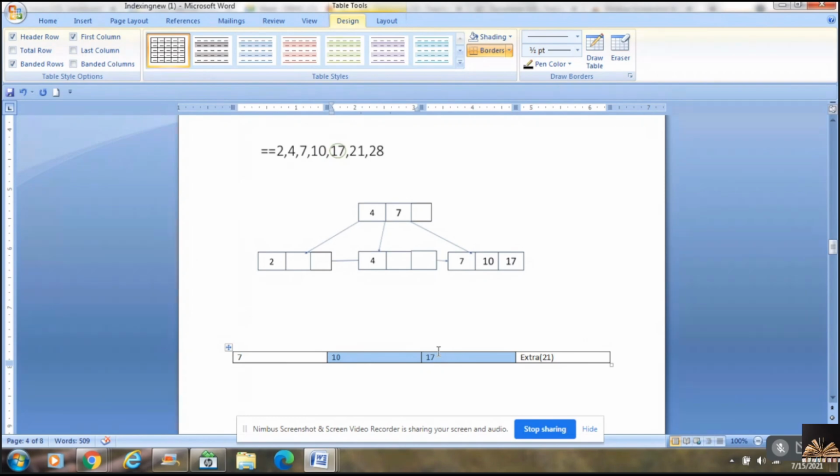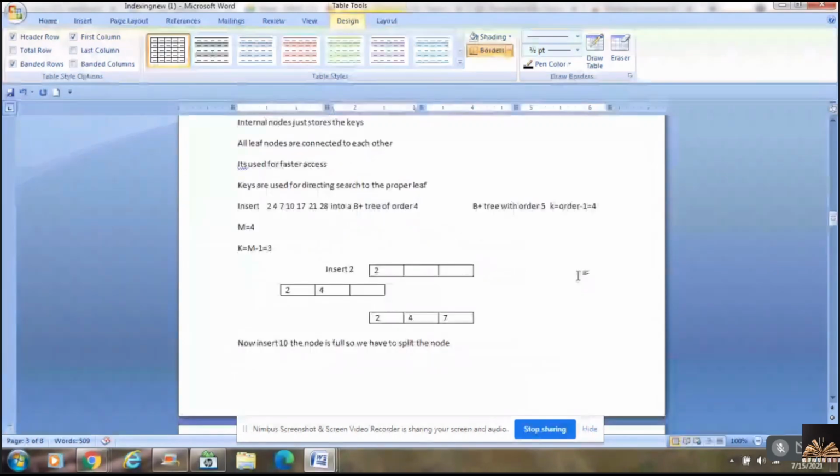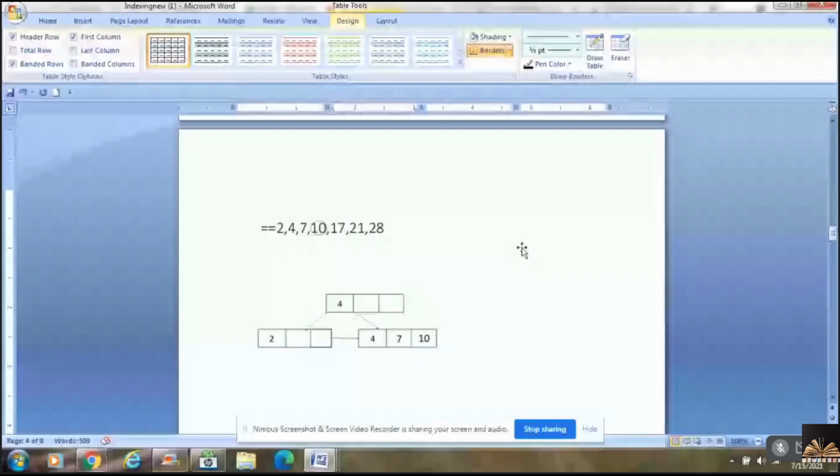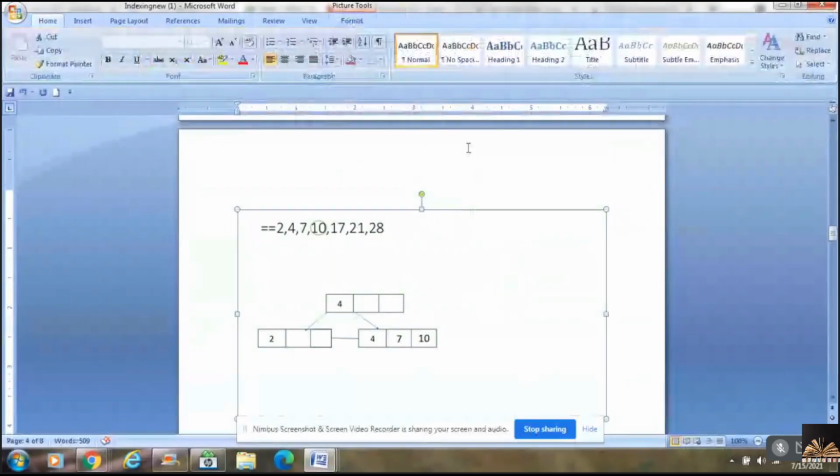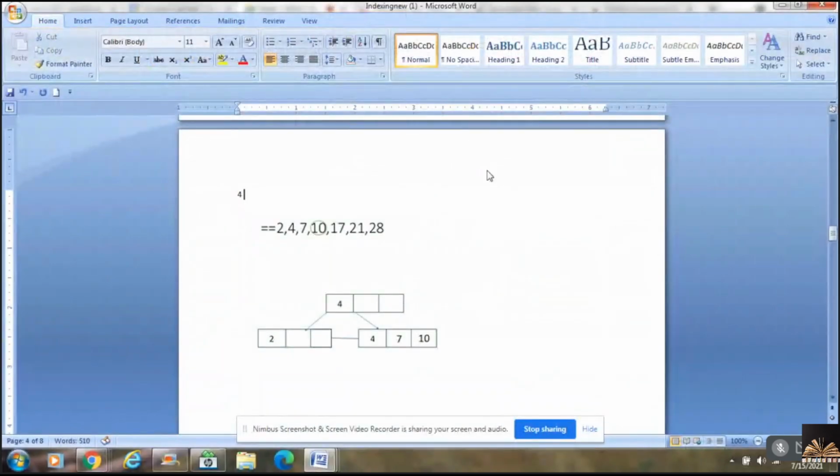What I have been doing until now is the concept of left bias. See over here, 4, 7, 10 are already existing. Now here, I want to insert a value 2.